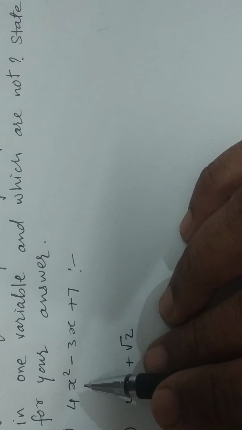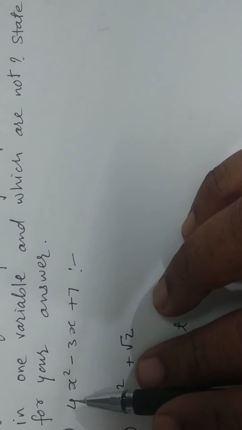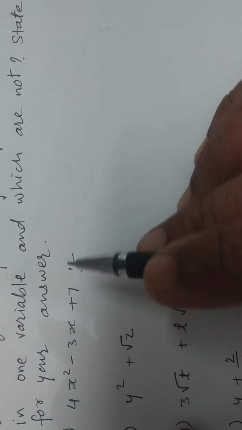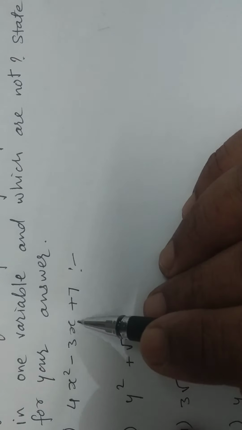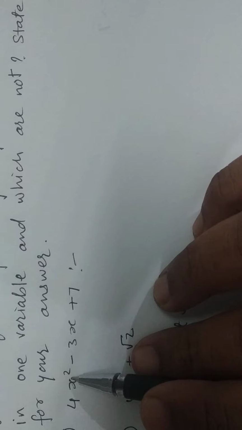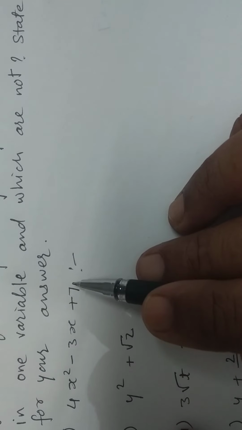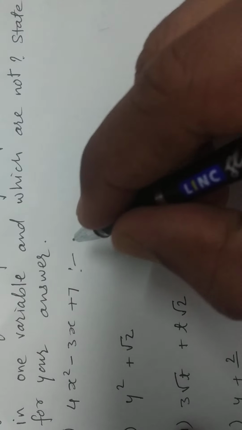Its value will change. So if the power of the variable is a whole number, then the algebraic expressions are called polynomials. Here 4x square minus 3x plus 7. The power of the variable, whether here or x power 0, is a whole number.